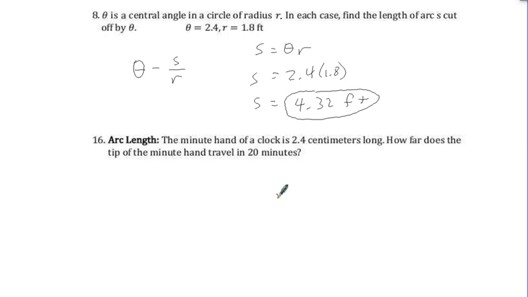Arc length. This is now a real-world example here, looking at the actual distance around a clock. The minute hand, so let's look at our clock here. Our minute hand is going to be 2.4 centimeters long, and that will serve as the radius.